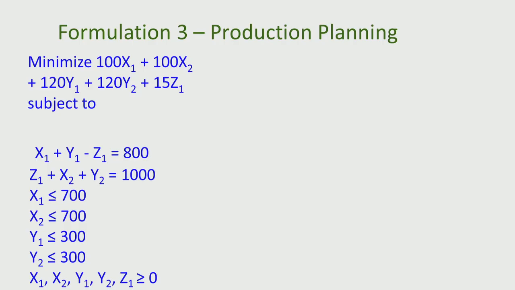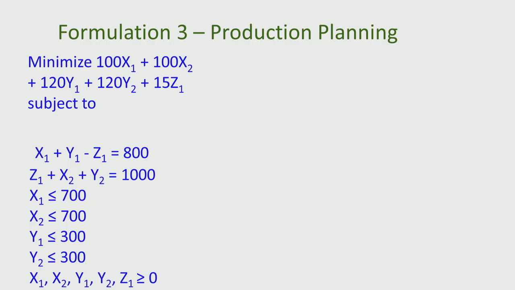Now, the constraint for the demand of the second week is x2 plus y2, which represent the quantity produced using regular time and overtime in week 2. Z1 is the quantity carried from week 1 to week 2.